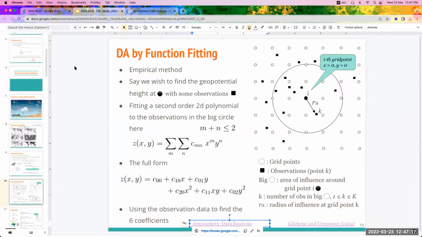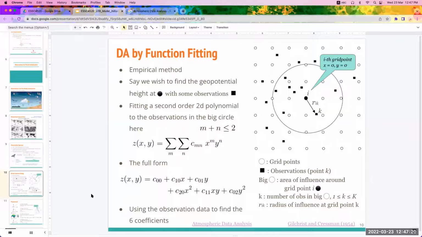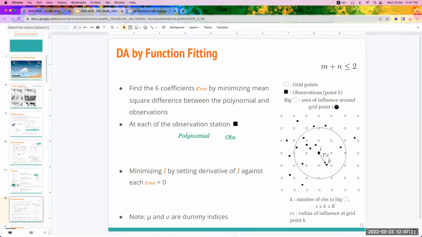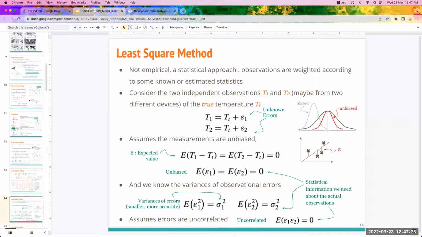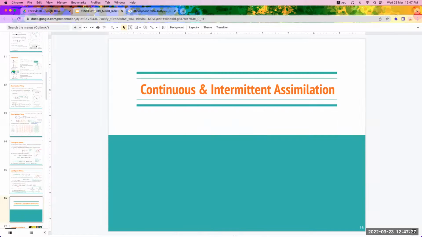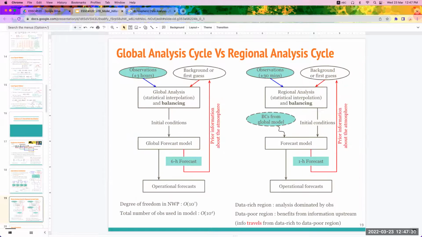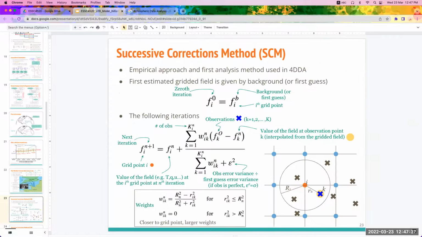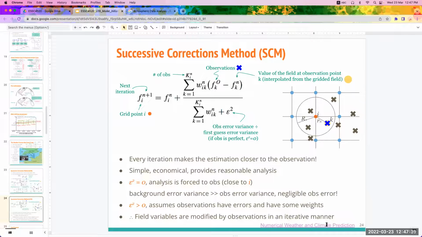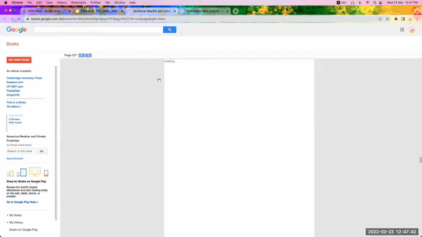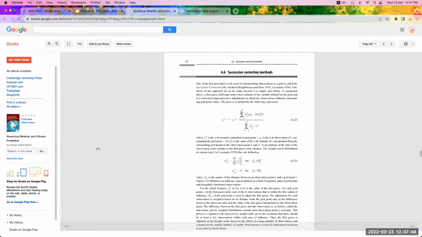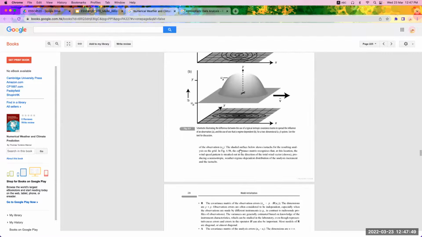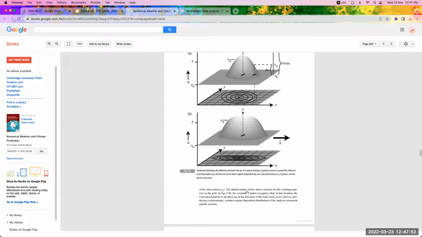But there are also other books. This one. They have a chapter, I think, for model initialization. Yes.